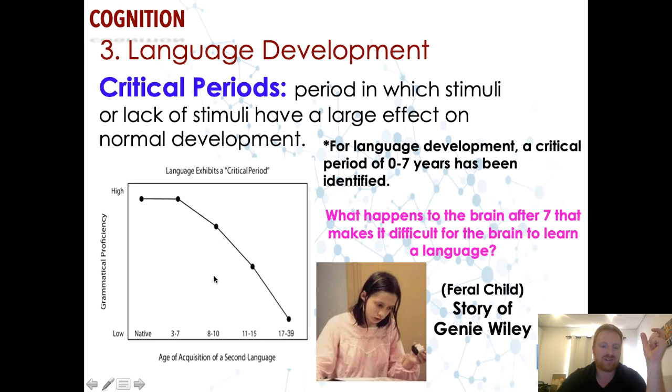So if you start learning a second language at about 8 to 10 years old, you'll only get about 75% of the way there that someone who is native to that language would. And 11 to 15, it drops even more. And 17 to 39, it drops even more. So unfortunately, if you're learning a second language right now at the age of 17 or 18 years old, you will never learn that language to proficiency when you're comparing yourself to a native speaker.